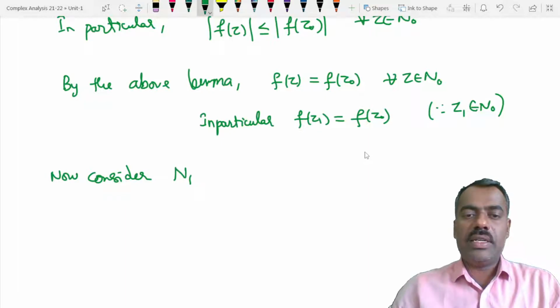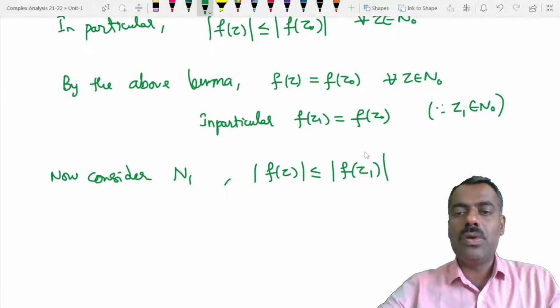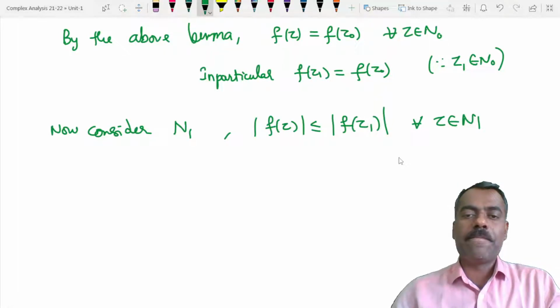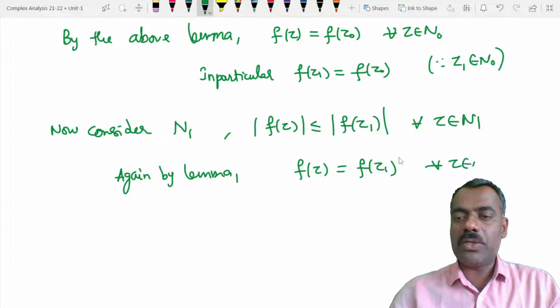Now consider n1. What we have here is mod f of z is less than or equal to mod f of z naught, but our f of z naught is the same as f of z1, so mod f of z is less than or equal to mod f of z1 for all z belongs to n1. This is again by assumption. Only possibility is that f of z1 is equal to f of z naught. This implies, again by the lemma, f of z is equal to f of z1 for all z belongs to n1.